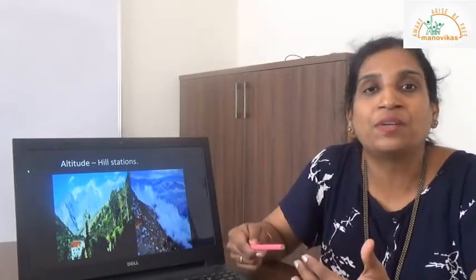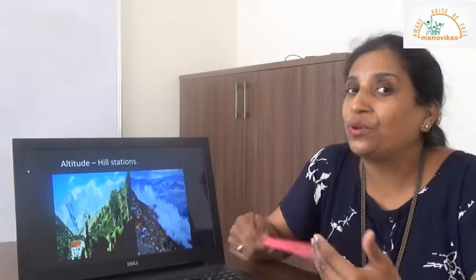You go higher, crossing 165 meters, the temperature is going to be 34 degrees Celsius. Climb another 165 meters, it is going to be 33. And imagine a mountain more than 3000 or 4000 meters high, the temperature will drop down to 0 degrees also, and there is going to be snowfall. So now you know the reason why hill stations remain cooler.